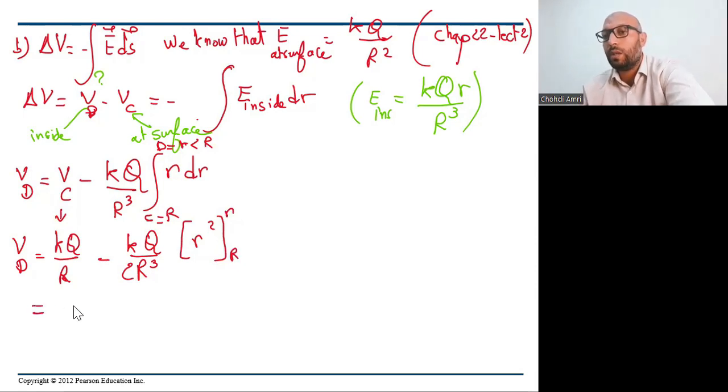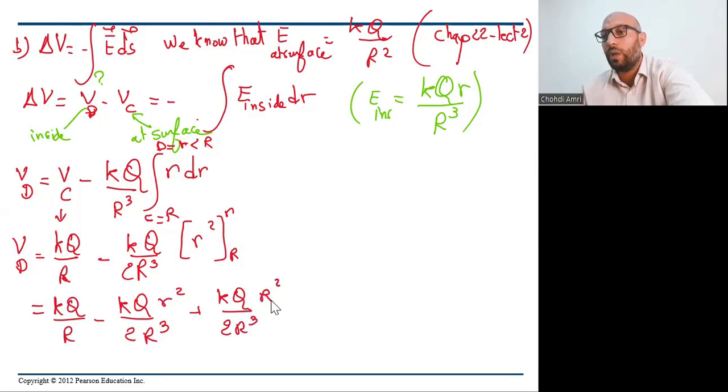So what are we going to get? We will get KQ over R minus KQ over 2R cube multiplied by r squared, plus KQ over 2R cube multiplied by R squared. We can cancel the R squared and we can cancel the R. You see here that we have KQ over R plus KQ over 2R.